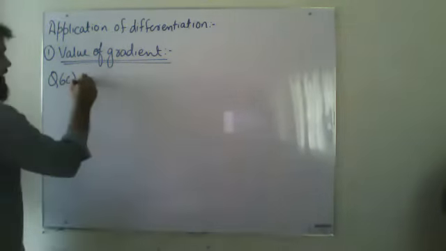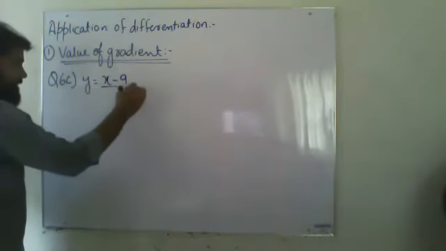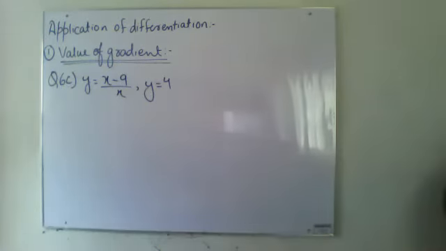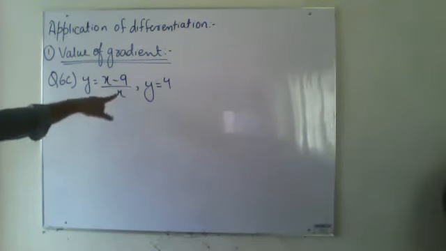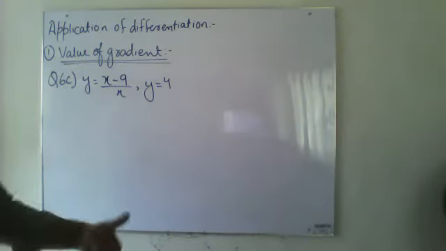My curve equation is y equals x minus 9 over x, and the value of x is not given, the value of y is given, y equals 4. Instead of the value of x, they have given us the value of y.